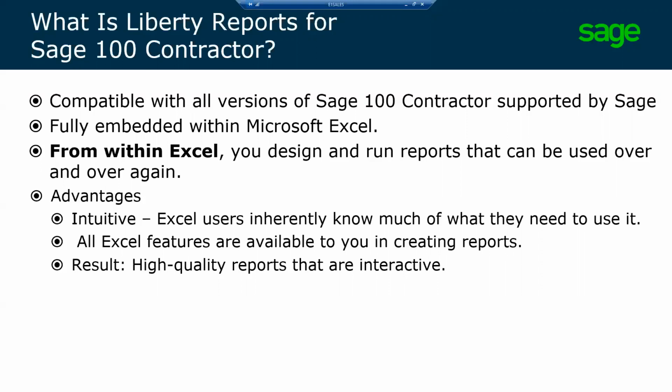Because of that, you can do a lot more with a report. It can drive work processes and allow for collaboration in a way that a paper report or something just printed to a screen wouldn't be able to do.